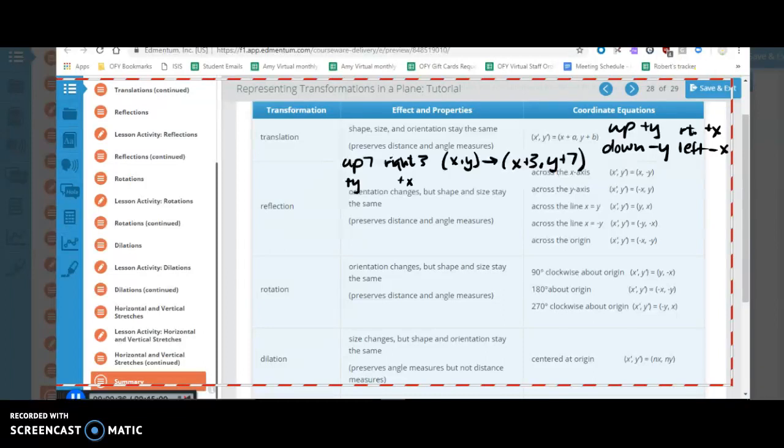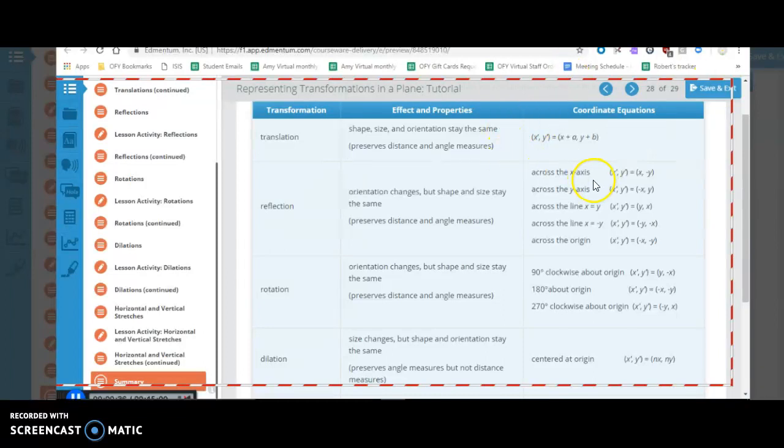All right, now let's take a look at reflections. These are the two common ones that you're going to be using: reflect across the x-axis and reflect across the y-axis. For the x-axis, the point that you have, (x, y), gets changed so the x stays the same and the y becomes negative. An example of this, say we have the point (3, 6).